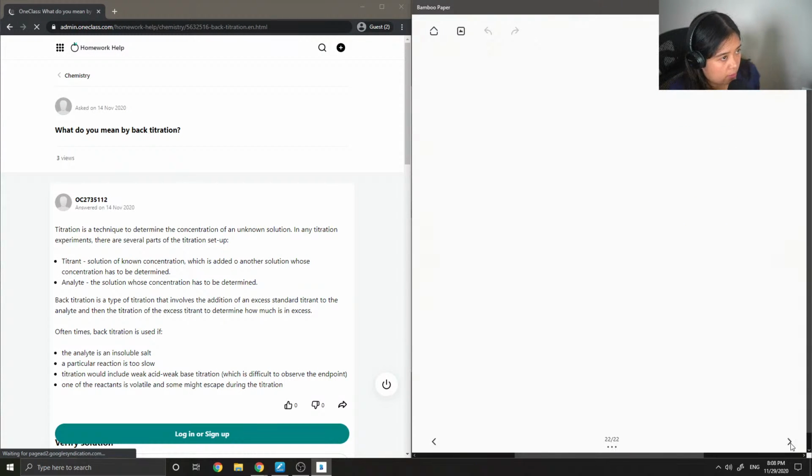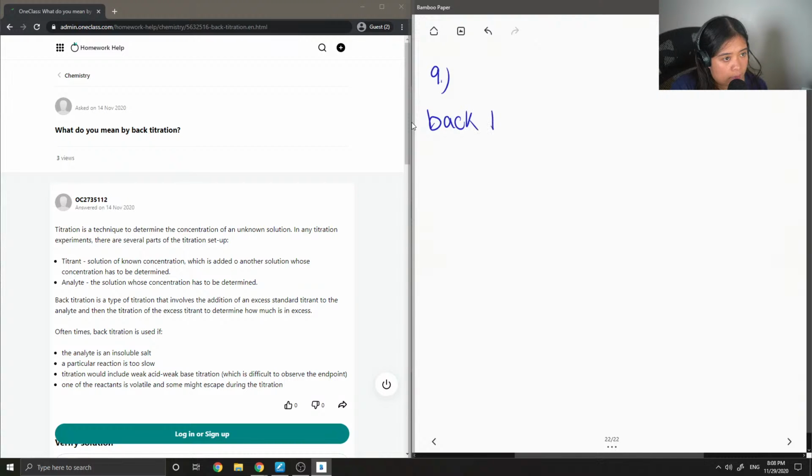Okay, so now let's move on to question number 9. What do you mean by back titration? So back titration has 2 steps.